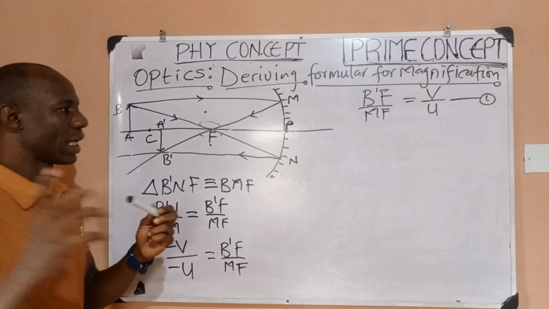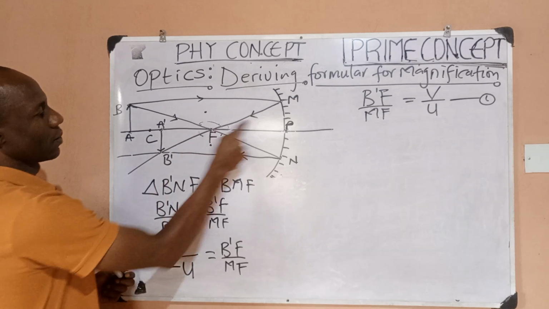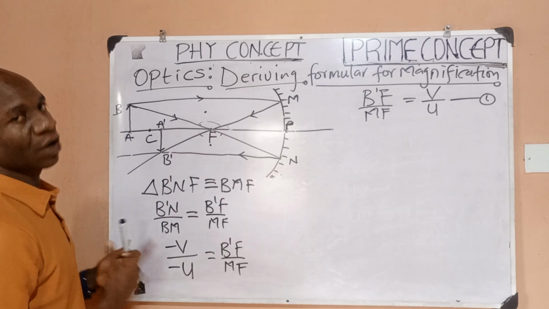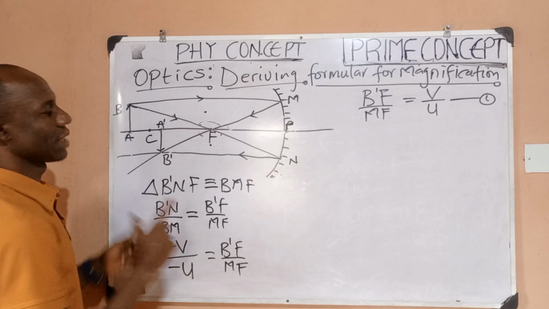Now the next thing I want to do is compare this triangle and this triangle, because they are also similar, since this angle and this angle are equal.